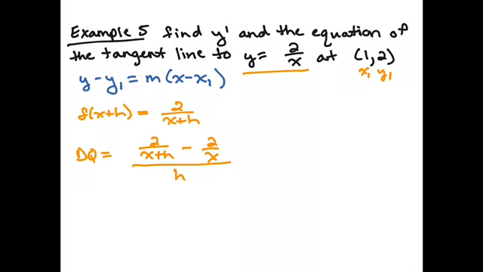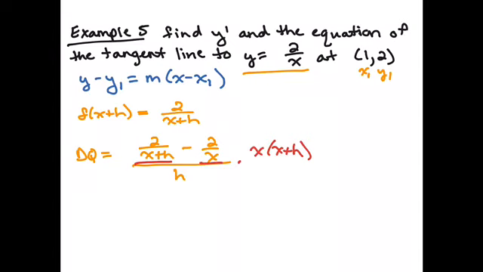And we started off class with one of these from the old homework, right? When we see fractions, we think, got to get rid of the denominators. We need to know what the common denominator would be. So if I were trying to combine these two fractions, what would I use for a common denominator? x times x plus h is what that common denominator would be, right?